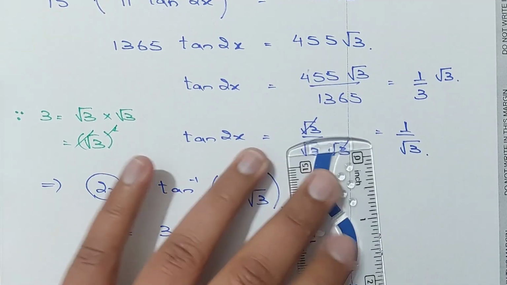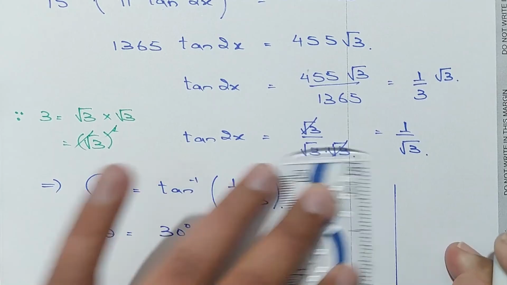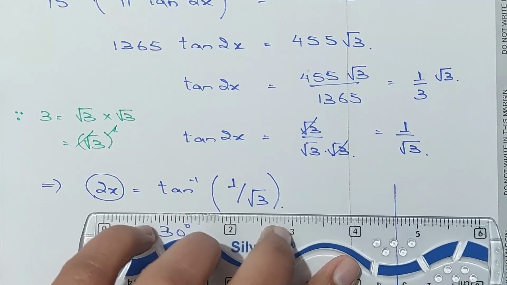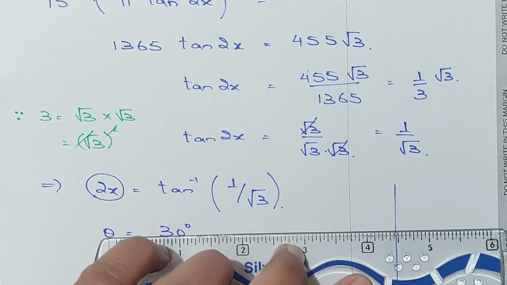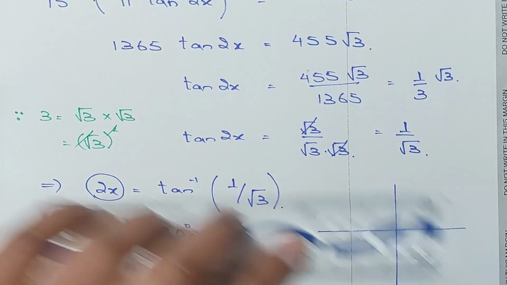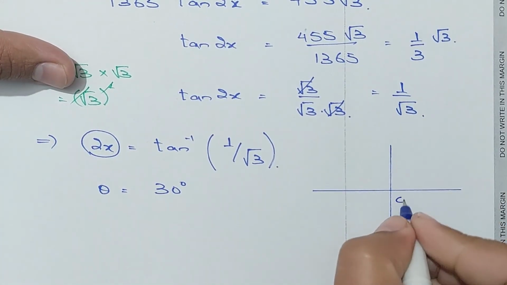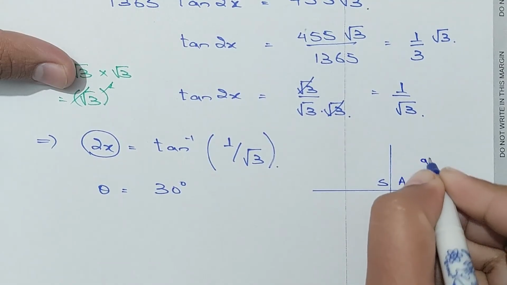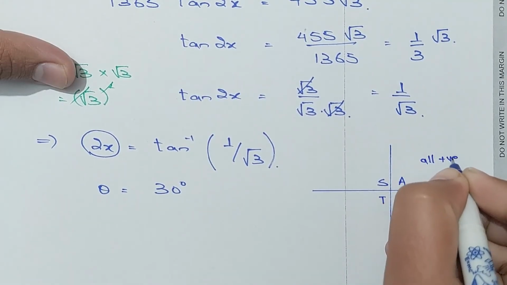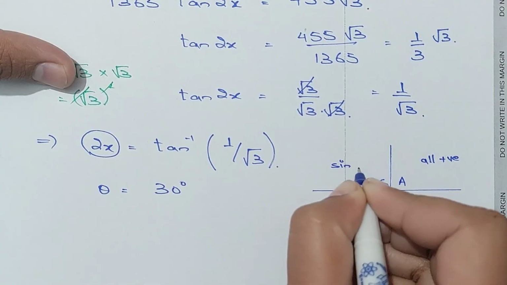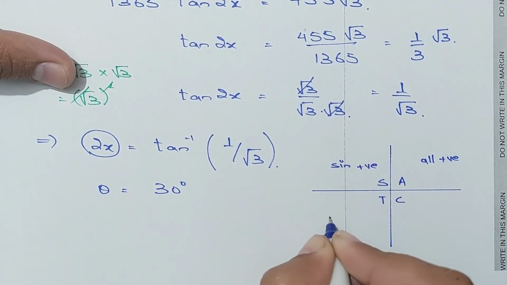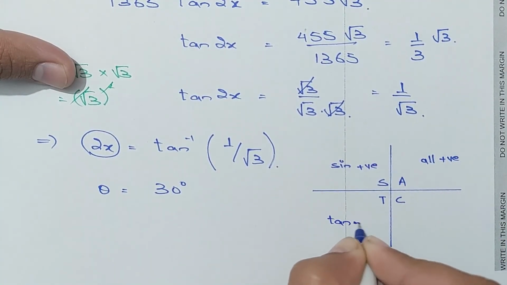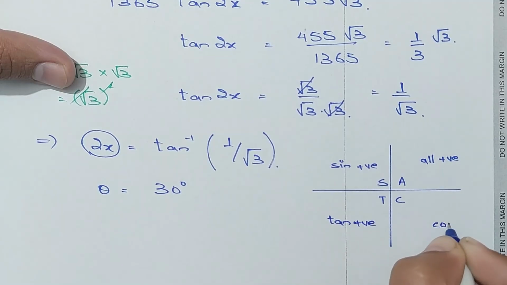Now we have to check in which quadrants tangent is positive. Apply the CAST rule: C, A, S and T. Here only sine is positive, here tangent is positive, and here cos is positive.